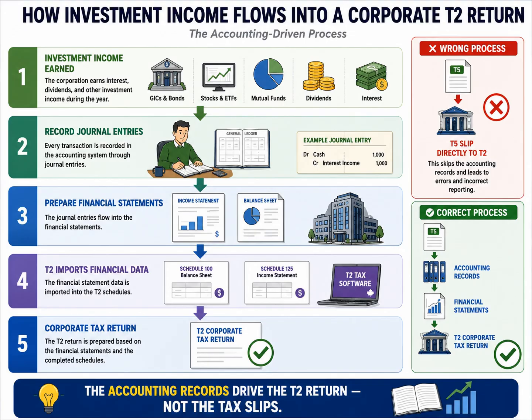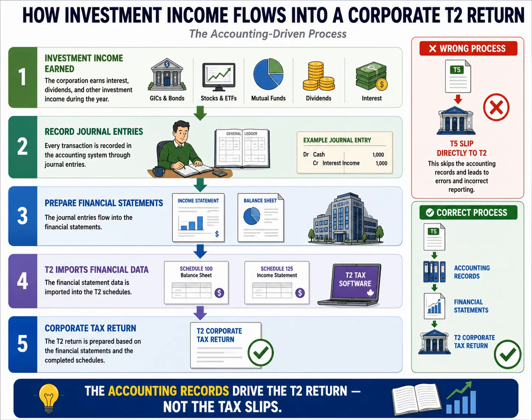The next step is to record the transaction in the accounting records. This is done through journal entries. For example, if the corporation earns interest income, the accountant records the transaction in the general ledger by debiting cash and crediting interest income. These journal entries become the foundation of the accounting records.